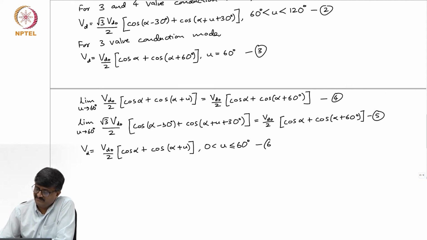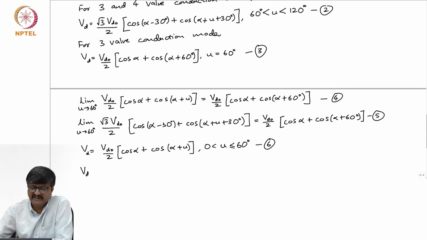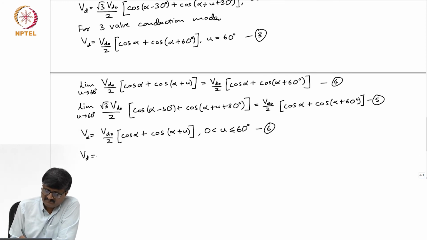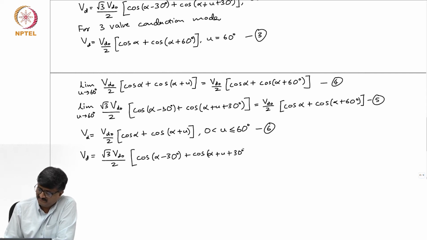So let me call this equation 6. Similarly, if I take the expression for Vd in terms of Vdo, alpha and u for 3 and 4 valve conduction mode, it is Vd equal to root 3 Vdo by 2 cos alpha minus 30 degrees plus cos alpha plus u plus 30 degrees.